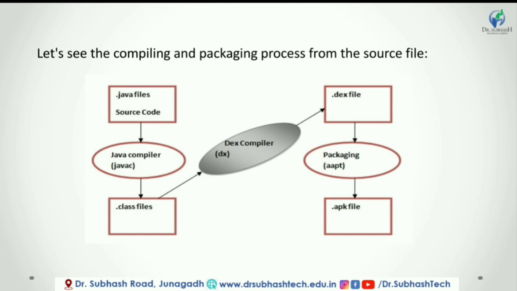Java source file means the source code is compiled by Java compiler and converted into .class file, and .class file is run by DX compiler and converted into .dex file, and .dex file is converted into .apk file. So how .apk file is generated is shown in figure.